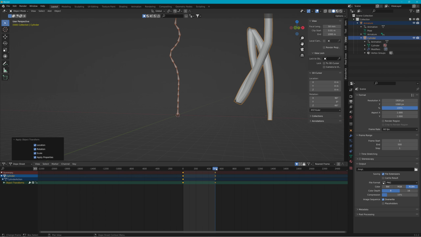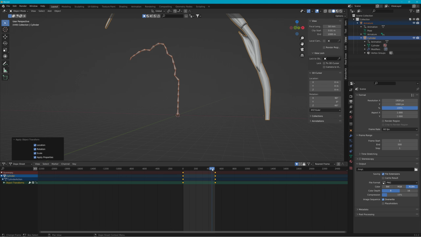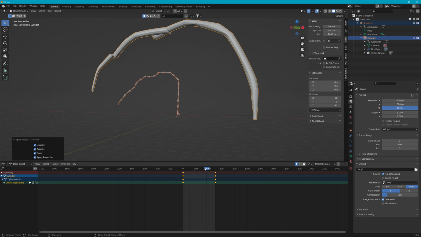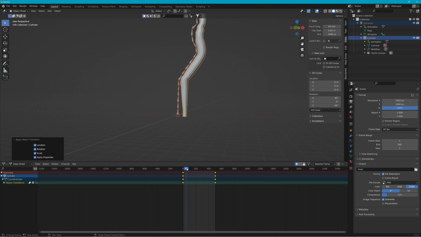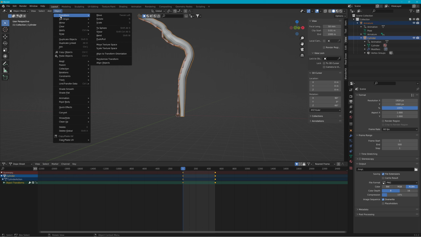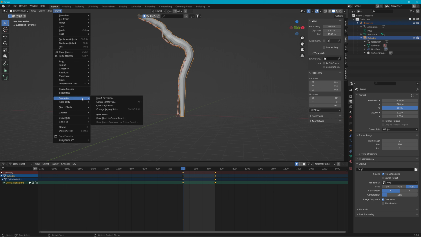Now, if you notice, this is still moving, but that movement didn't transfer into the game. So that, I think, has to be where you bake the action.